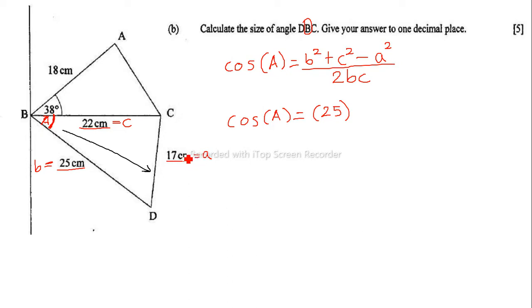B and C don't matter, but for sure A has to be 17. So it's 25 squared plus C squared, which is 22 centimeters squared, minus 17 all squared, divided by 2 times B times C, which is 22 times 25.